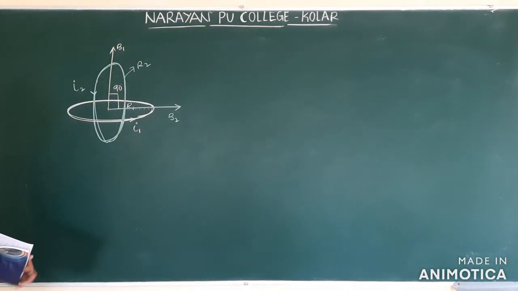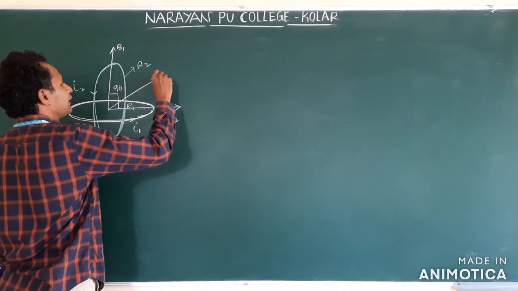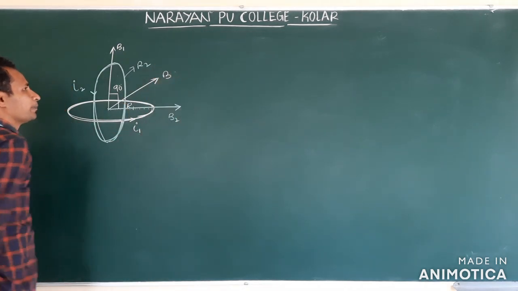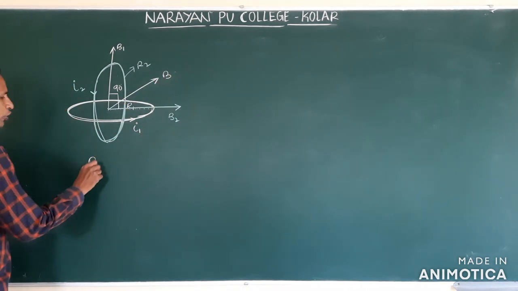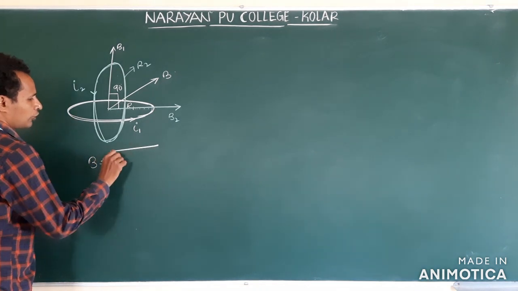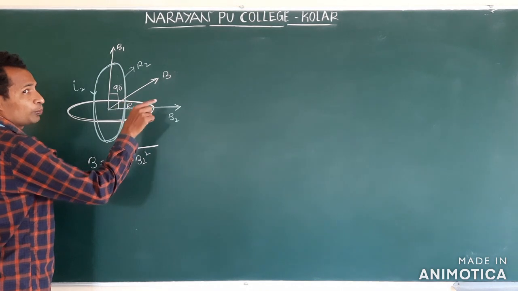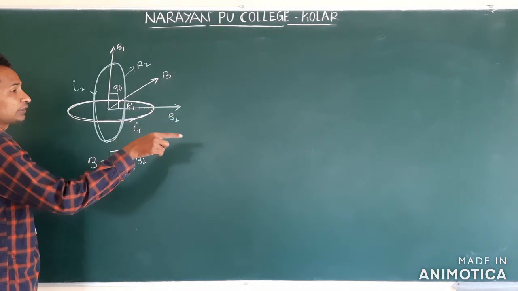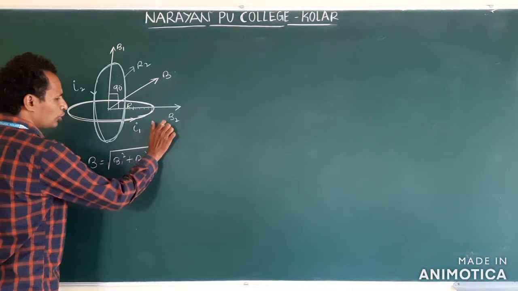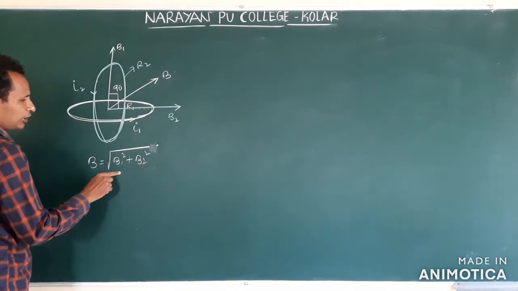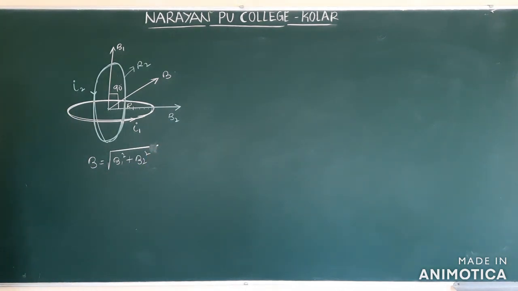Then we have two fields. These fields are vector quantities. Then this will be the resultant B. Now B is equal to, how do we write? Under root of B1 square plus B2 square plus 2 B1 B2 cos theta. Theta is 90. So the resultant is under root of B1 square plus B2 square.